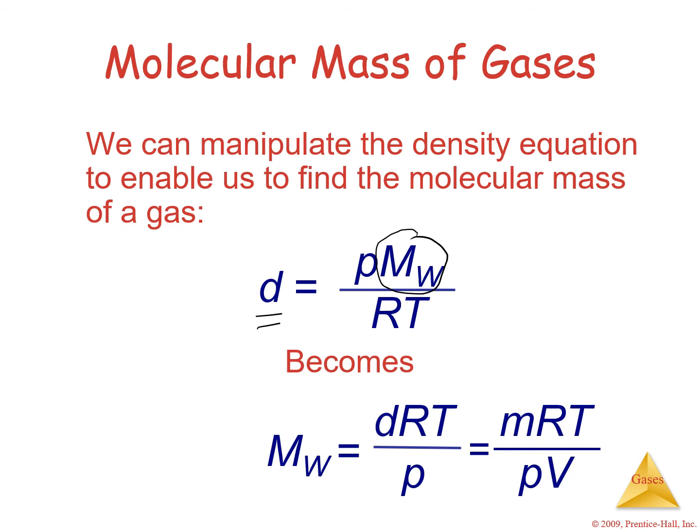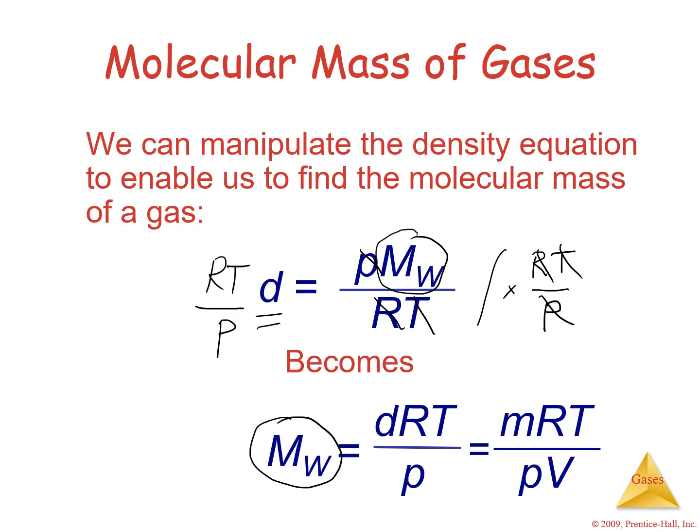To rearrange this, what you have to do is multiply both sides by RT and divide by P. So you have RT over P, and then on this side of the equation, the P cancels nicely, R cancels, and T cancels. So you have that equation: molecular weight equals dRT over P.